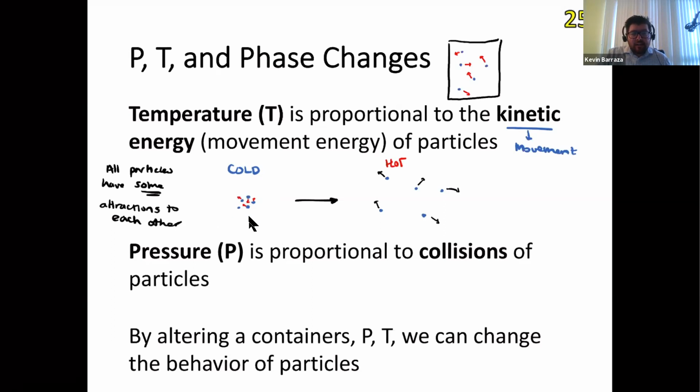This suggests that when we make objects really cold, they tend to be close together because they're stuck and they move very slowly. So what kind of phase of matter does it sound like we have when we make an object really cold? We're talking about solids, liquids, gases. If it's really cold, yeah, they're solid, right?